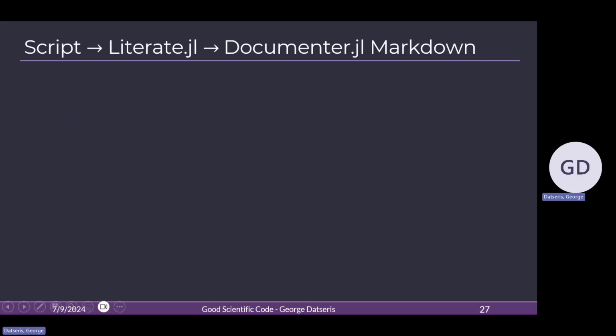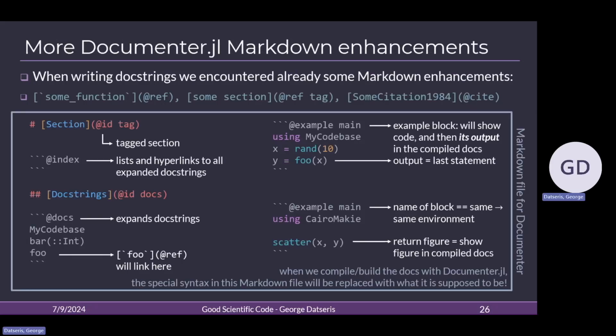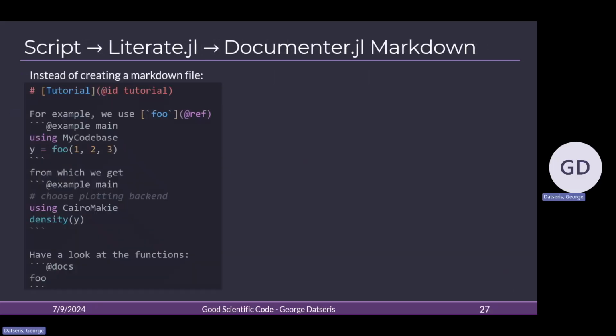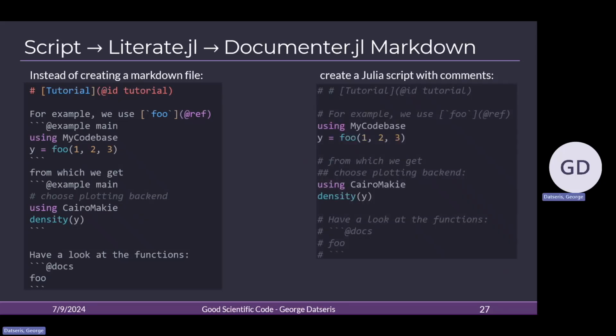Right, great. So now, I presented this. This is a markdown file, remember, .md. But what I'm telling you is that you shouldn't write a markdown file. Instead of making a markdown file, which is what you see here on the left, I say you should make a Julia file. And then you will use Literate to make it a markdown file.